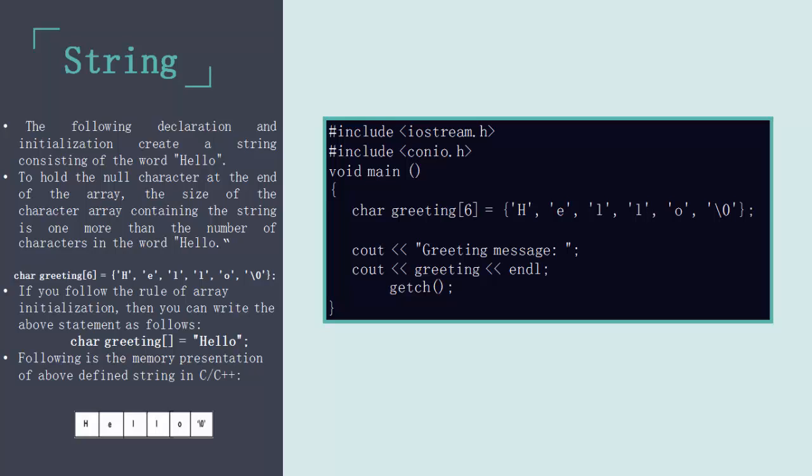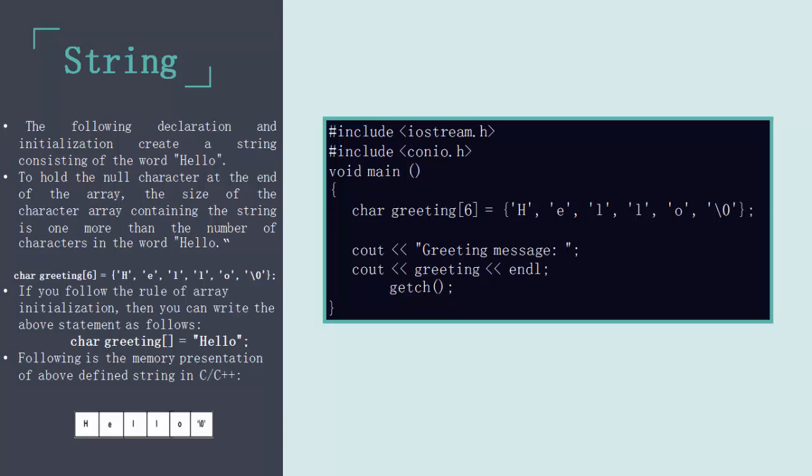I'm writing char greeting with size 6, because hello needs 5 characters, but we need one more character for holding the null value. So this is my declaration and initialization of a character string.